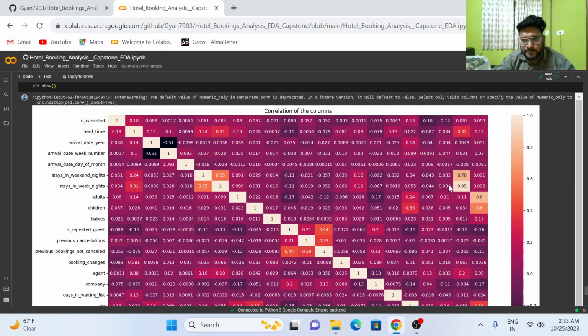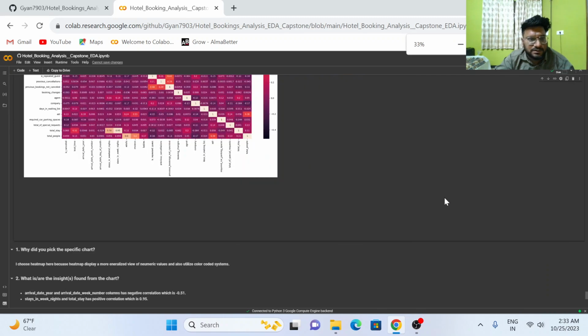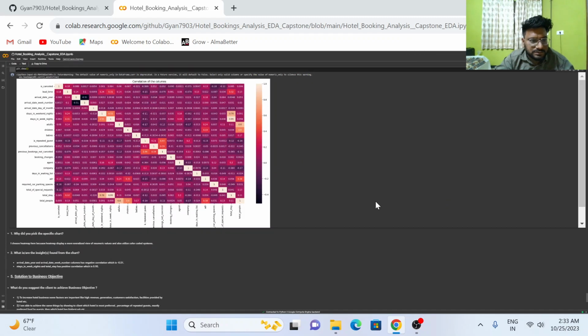We can clearly see that here. So these were the two most significant correlations we observed.